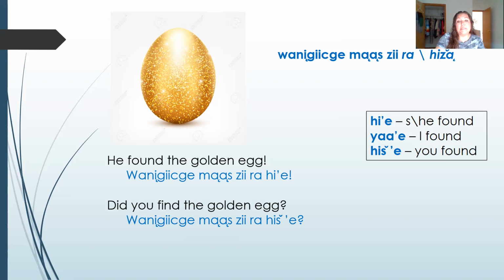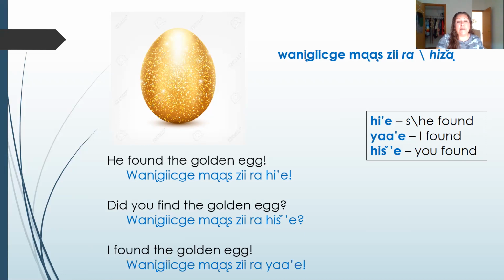You could again make this one a statement. I found the golden egg. I think this one all we're going to do is change the verb. Who found it? I found it. Wanagishke mas'zira ya'e.